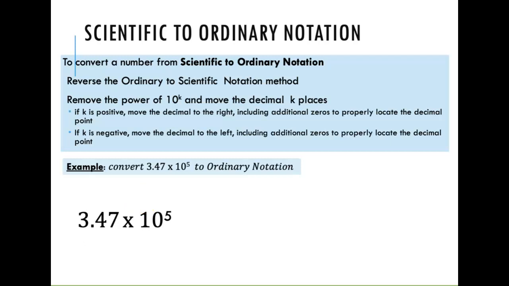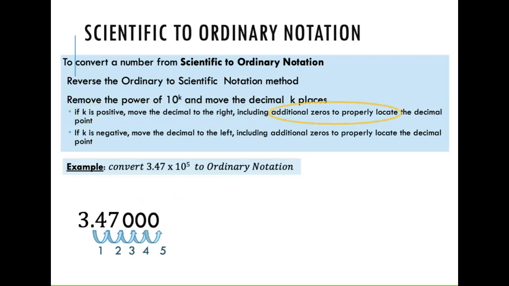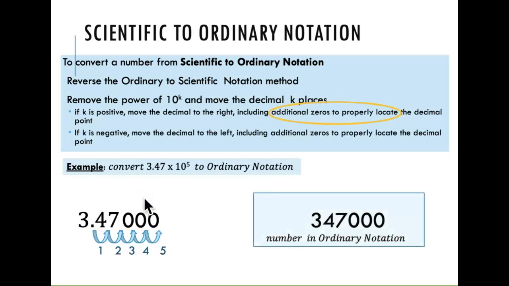We're making this a large number, so we're moving it to the right 5 places. Now, to start moving, we can move 2 pretty easily, but we don't have anything else. Well, we fill those extra places in with zeros. So our final answer ends up being 347,000. That's changing this scientific notation to ordinary.